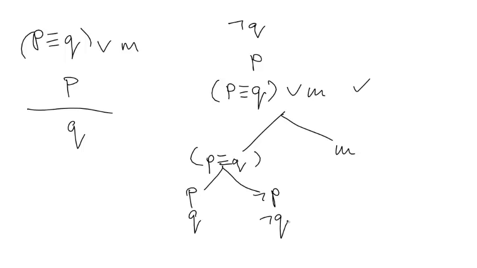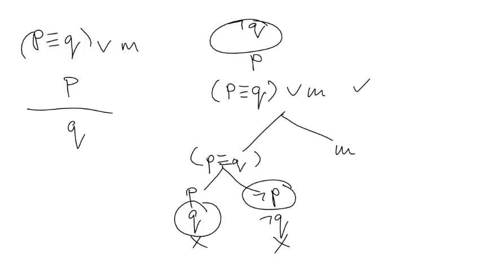And do these paths close? Yes. Path 1 closes because of Q and not Q. Path 2 closes because of not P and P. But we still have an open path over here.